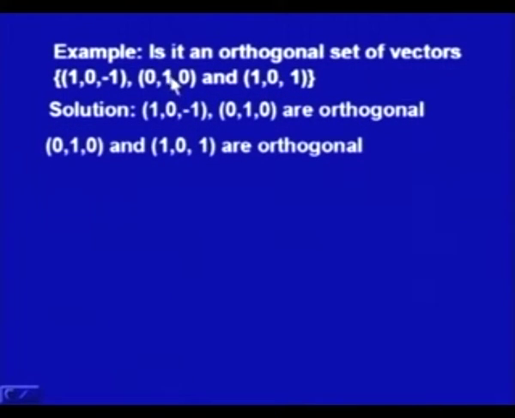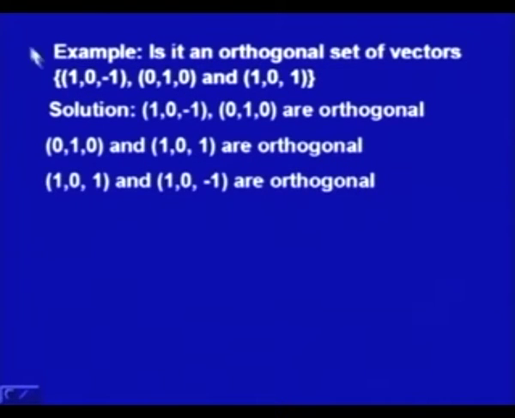Consider the second pair, (0, 1, 0) and (1, 0, 1). Again, this pair is orthogonal, because 0 multiplied by 1, plus 1 multiplied by 0, and 0 multiplied by 1 are all 0. So, this is also orthogonal, and there is a third pair, (1, 0, -1) and (1, 0, 1).